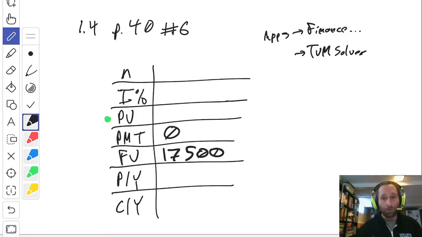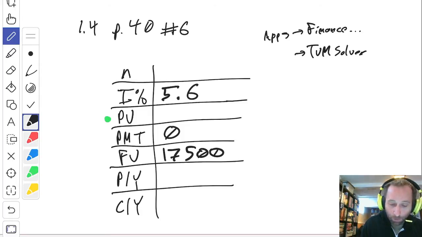This PMT thing only shows up in the 1.5 exercises and further. It says the bank offers an interest rate with 5.6% interest, so for I, we're going to use 5.6. Compounded semi-annually, so C over Y is 2.